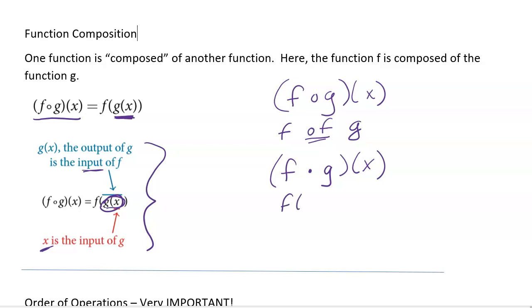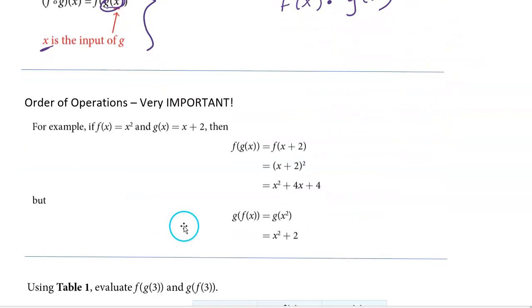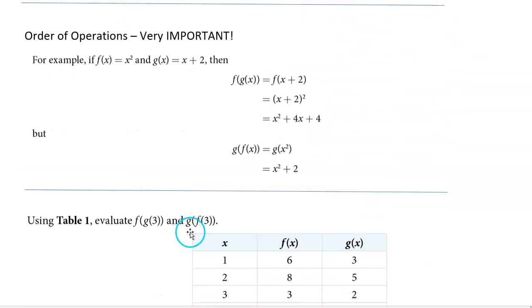This would be where you take the f of x function and multiply it by the g of x function, which is not the same. These are very different calculations. So order of operations is very important when you do function compositions, and this example here is showing you that.